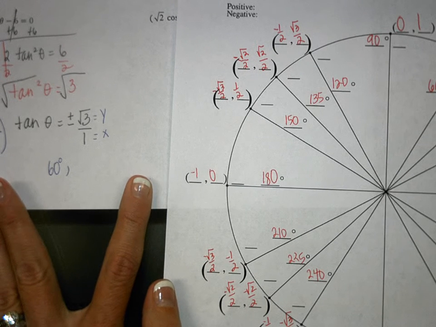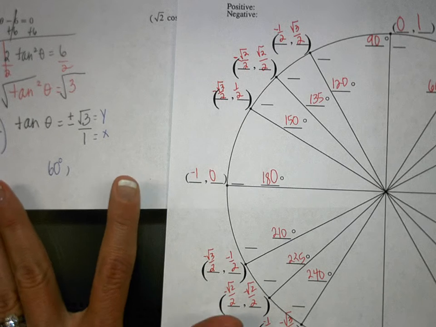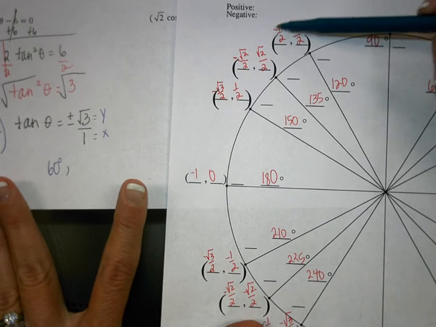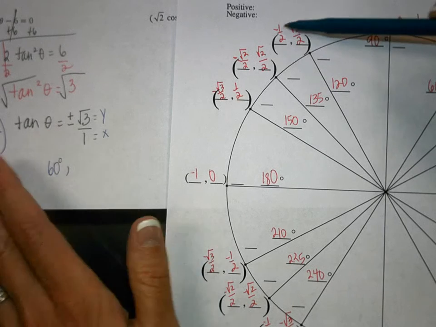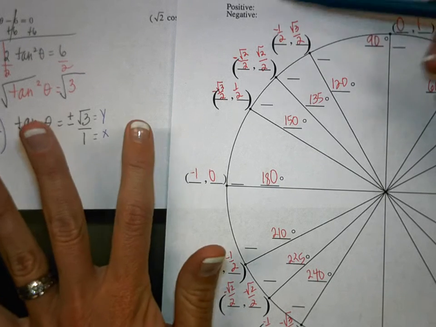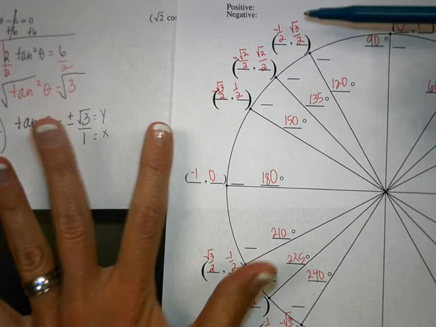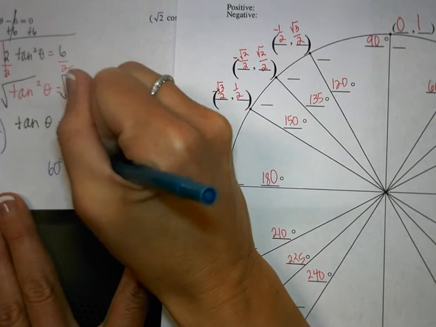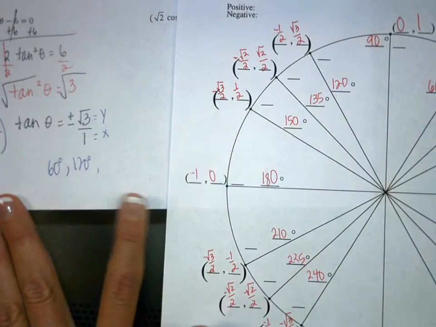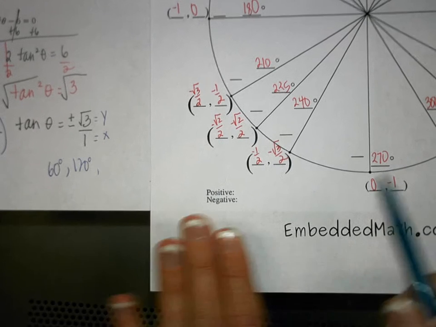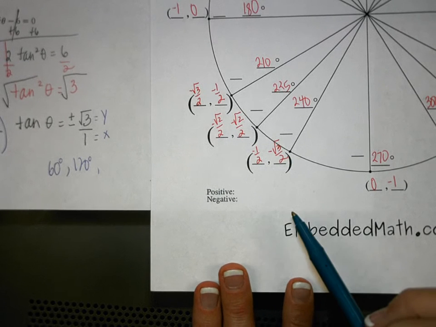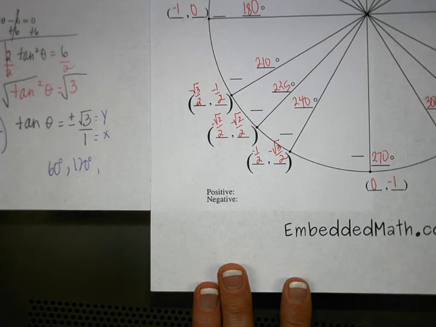What is it? 150. 120. So see, always look at x and y. So y has to be root 3 and x has to be 1. And since it's plus or minus, it doesn't really matter in terms of which one's positive and which one's negative. Okay, so 120 degrees. Okay, in quadrant 3, where is y root 3 and x 1? 240. Good.